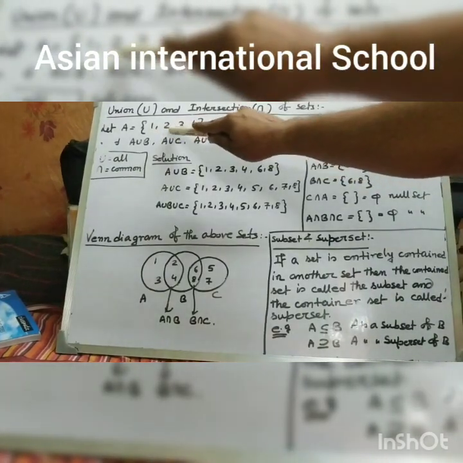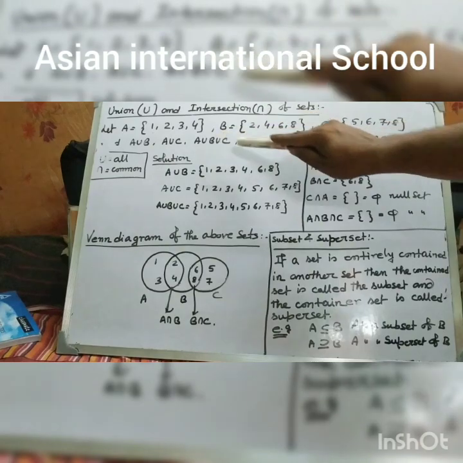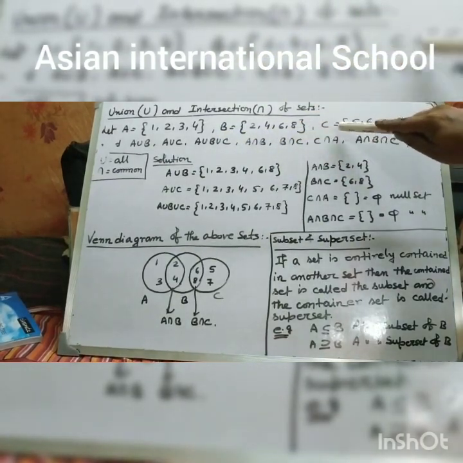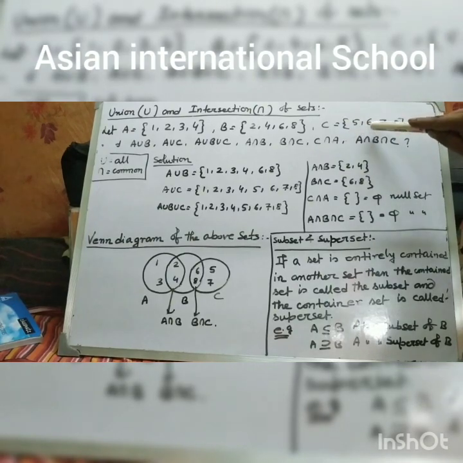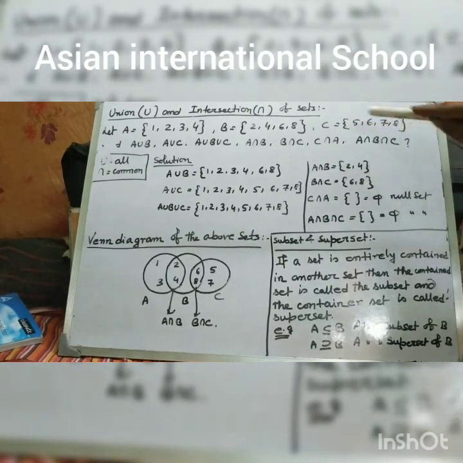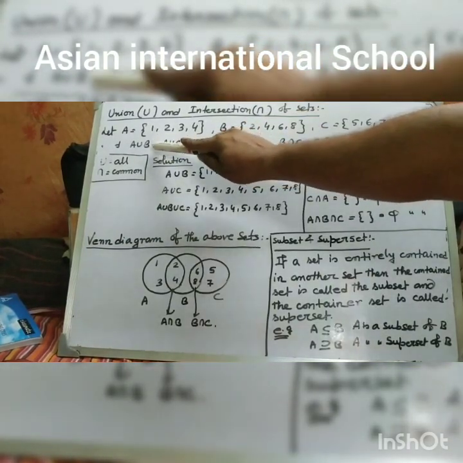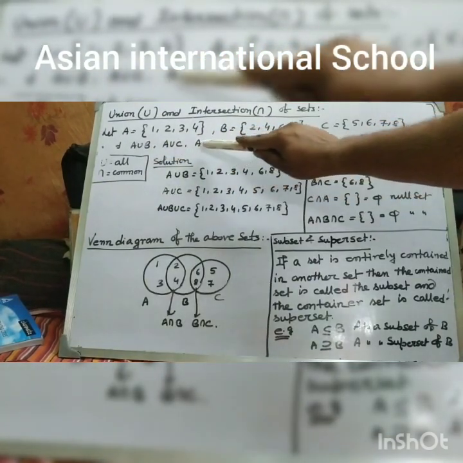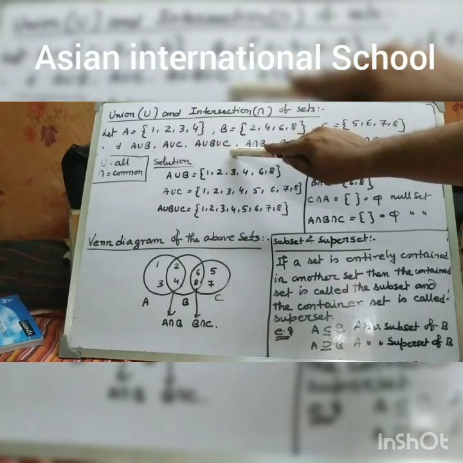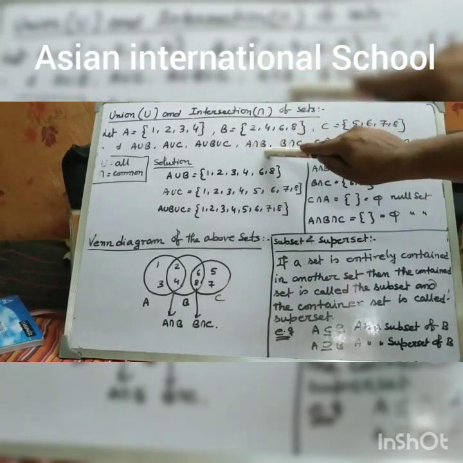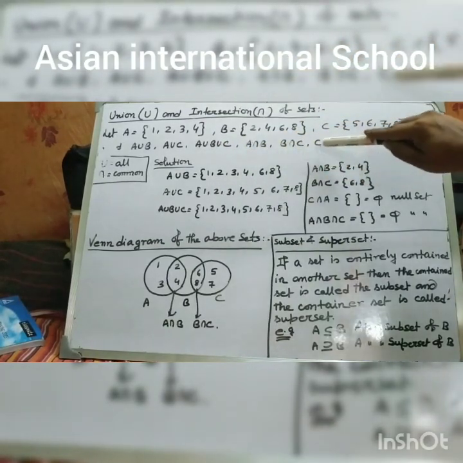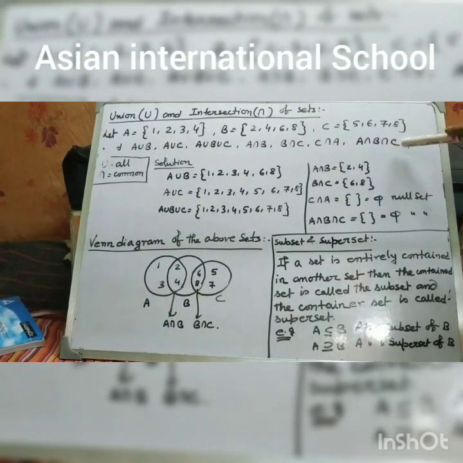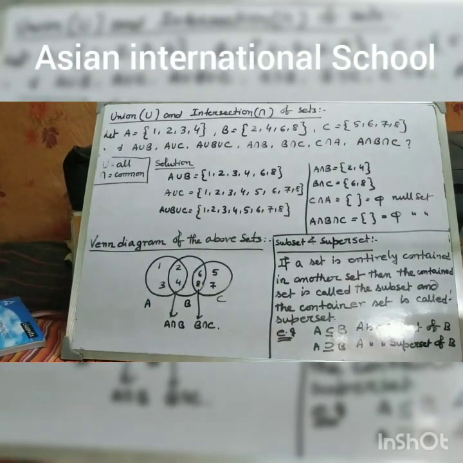Let A be the set 1, 2, 3, 4, B be the set 2, 4, 6, 8 and C be the set 5, 6, 7, 8. Now you have to find A union B, A union C, A union B union C, A intersection B, B intersection C, C intersection A and A intersection B intersection C. That you have to find out.